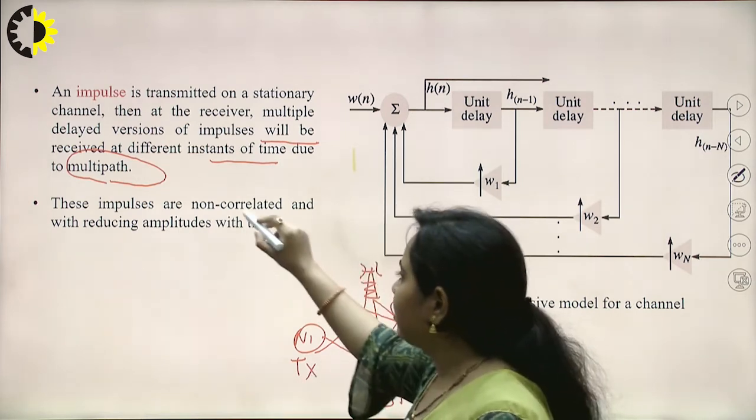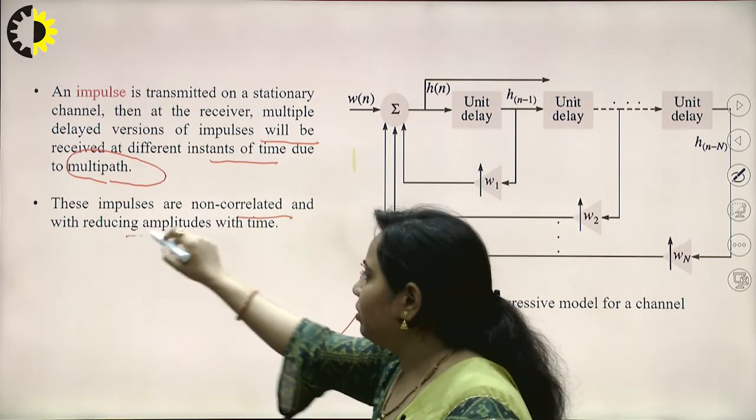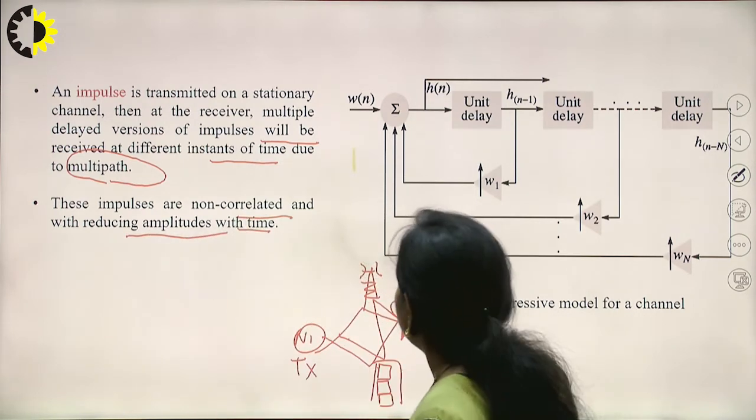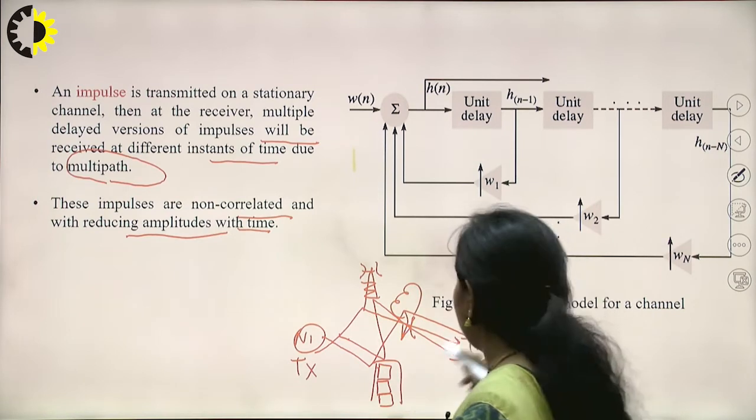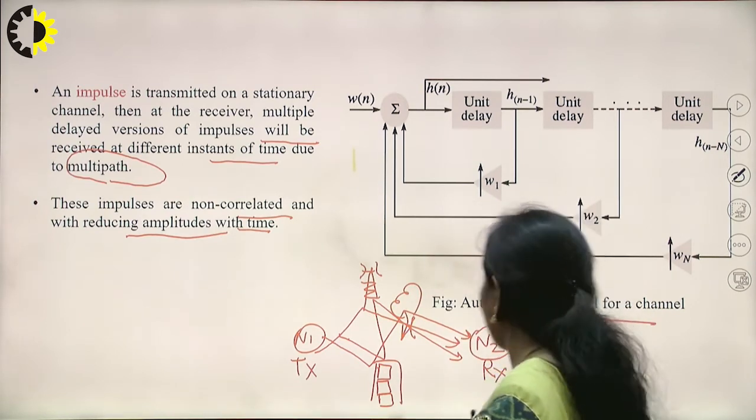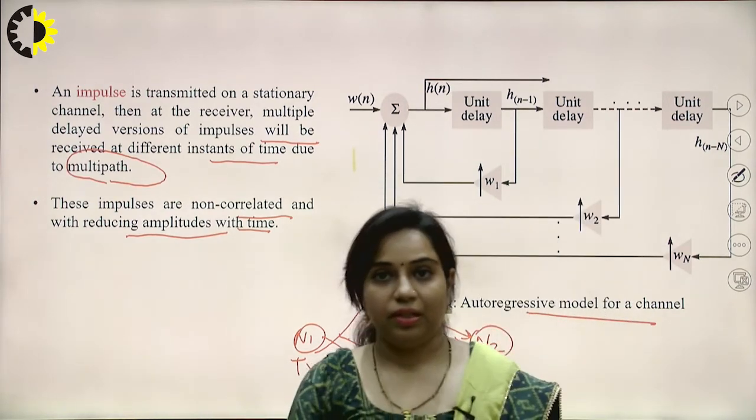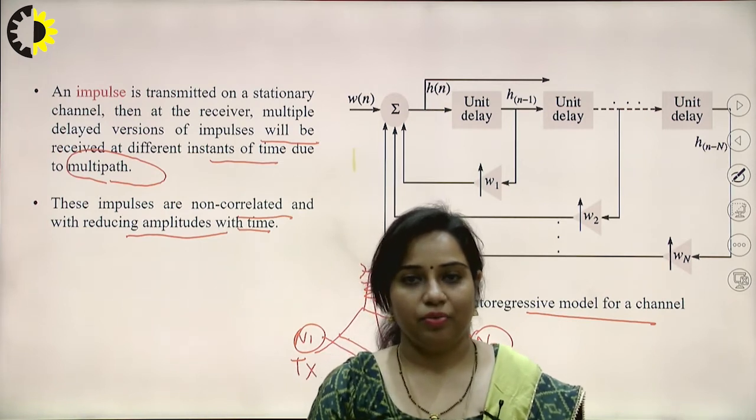So these impulses are non-correlated, with reducing amplitudes with time. So this is the main idea behind the autoregressive model for a channel. You can see the delayed versions of different signals will be received.